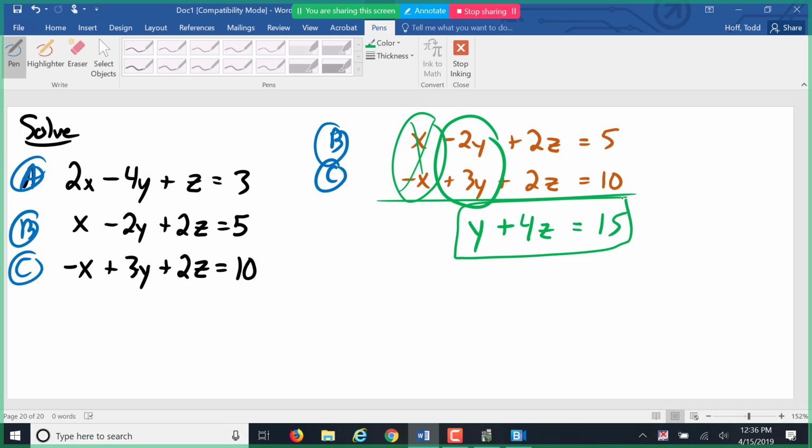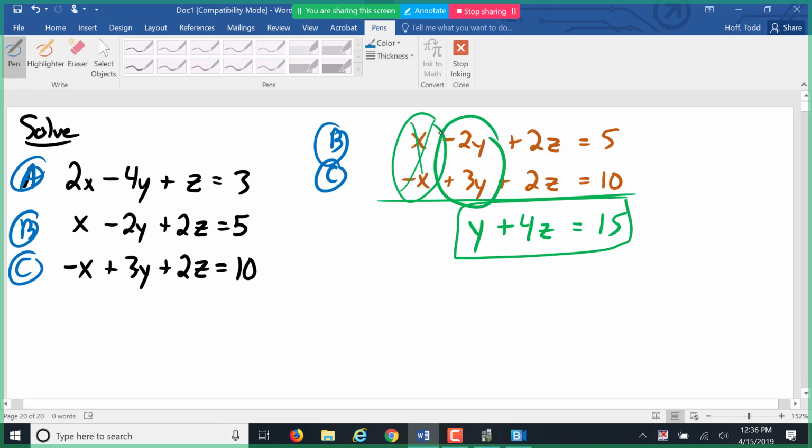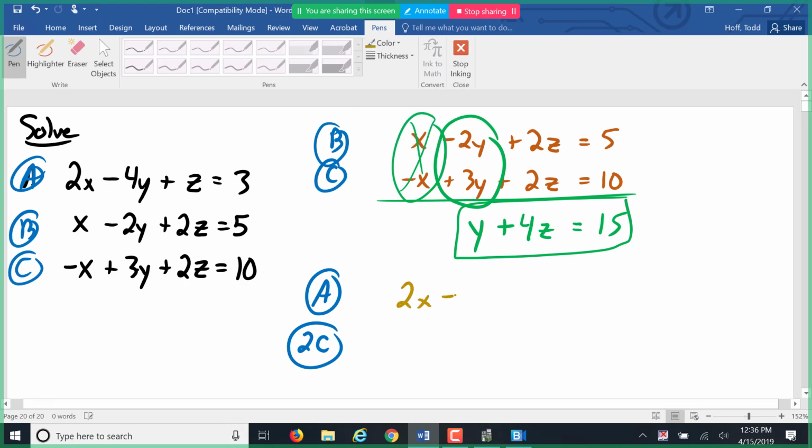Next, we're going to take a look at, well, we haven't used equation A yet. So we have to use equation A for something. I'm going to do A, and then I'm going to do 2 times equation C. So equation A is 2x minus 4y plus z equals 3.